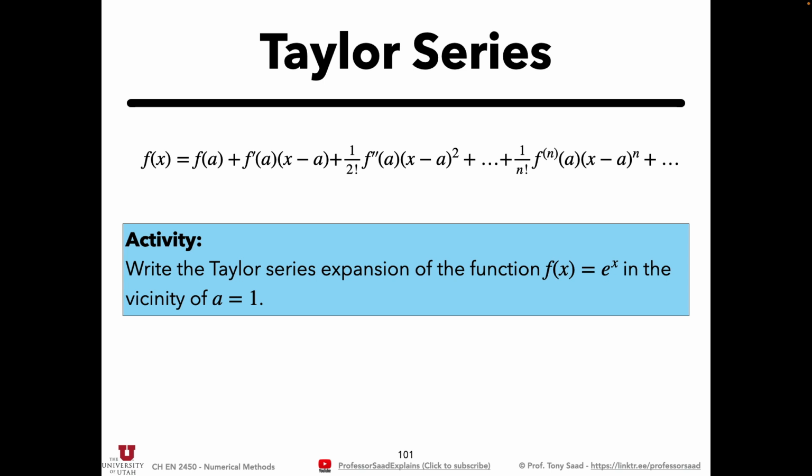Just do 3 terms, 4 terms. Write it in symbolic form. The exponential, the derivative, first, second, third, fourth, they're all e to the x, okay? So f prime is e to the x, f double prime is e to the x, and so on.